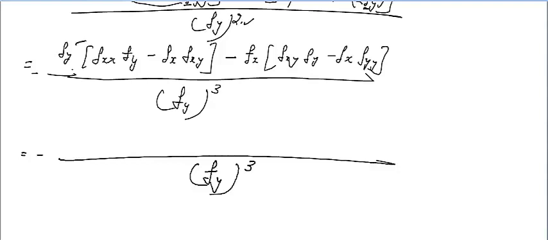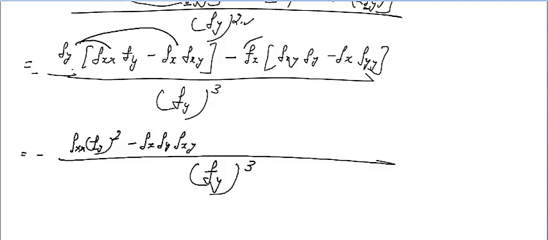So you multiply this with this, you get f double x fy whole square. When you multiply this with this, you get minus fx fy fxy. When you multiply this, minus fx fy fxy. When you multiply this with this, minus minus plus fyy and fx whole square.